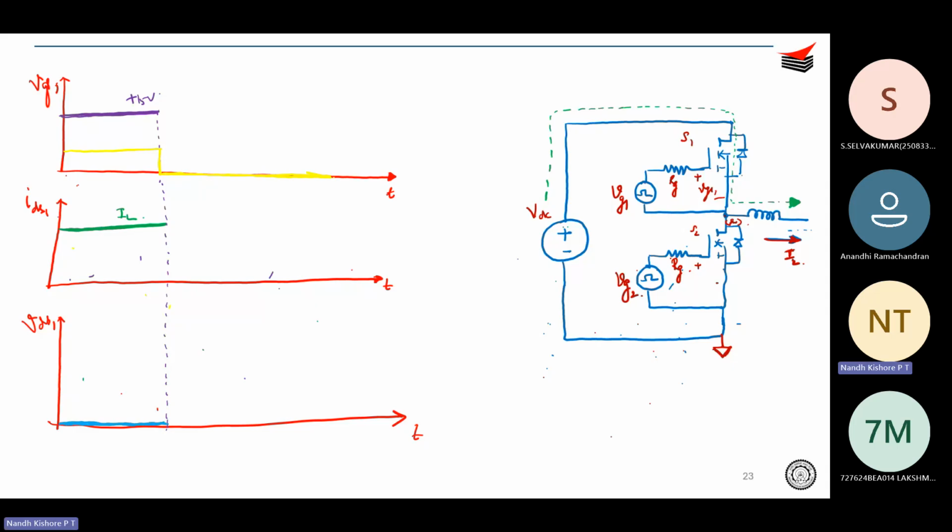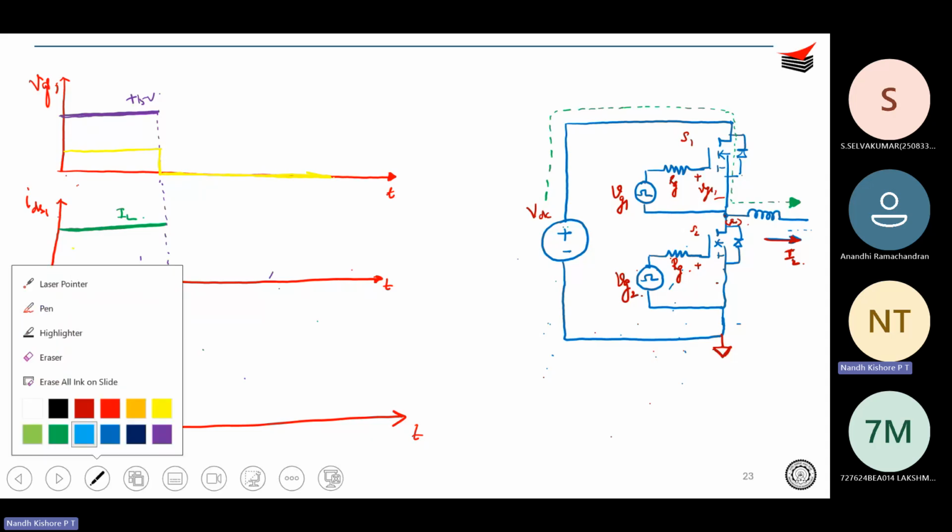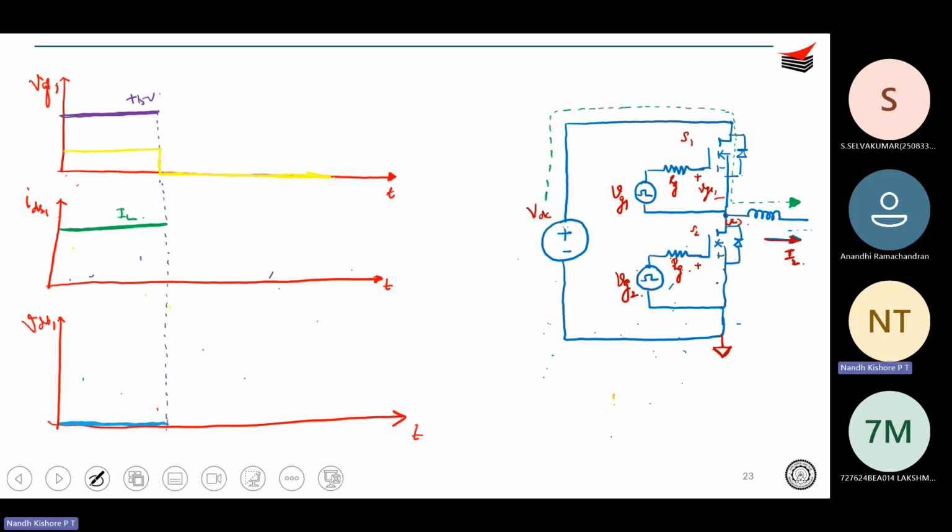Now we turned off the top device gate pulse. We pretty well know that the top side gate can be approximated as a source over here, which you just made go negative.